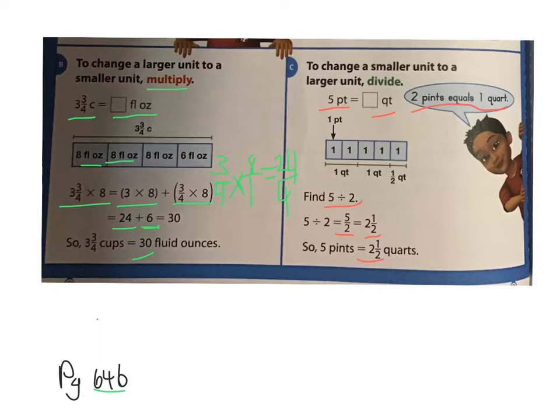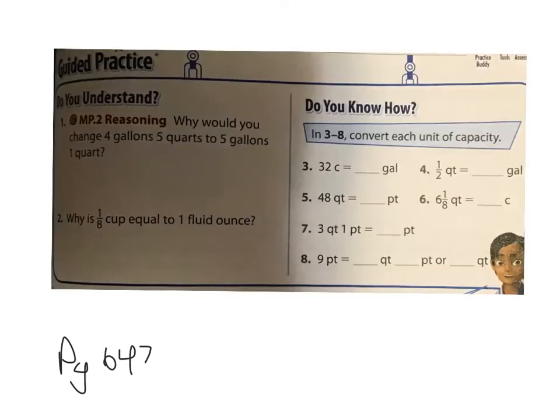So we're going to move on to the next page now and do some practice. On page 647 is where we're at now. It says here, why would you change 4 gallons, 5 quarts to 5 gallons and 1 quart?